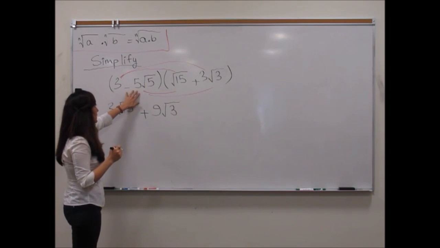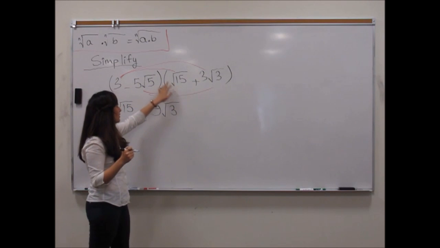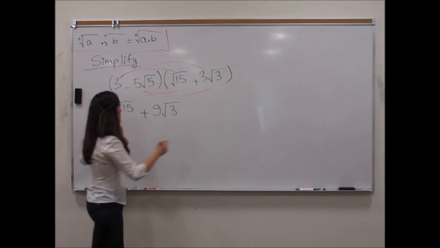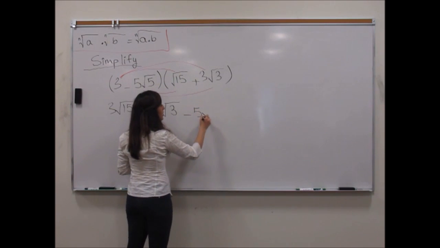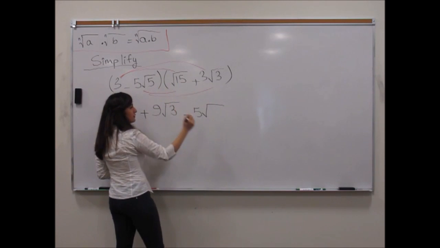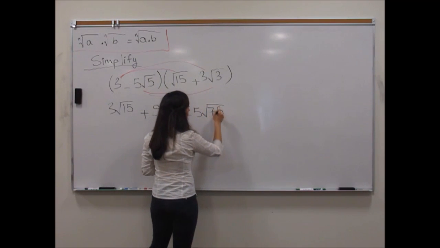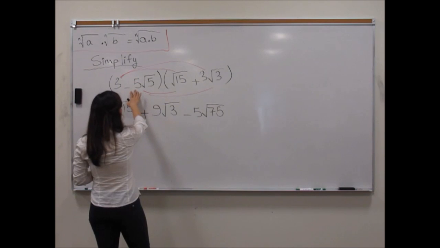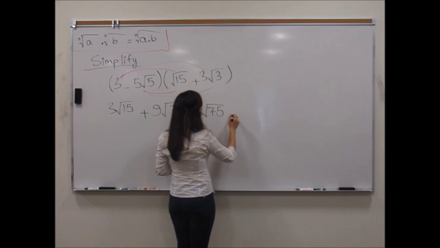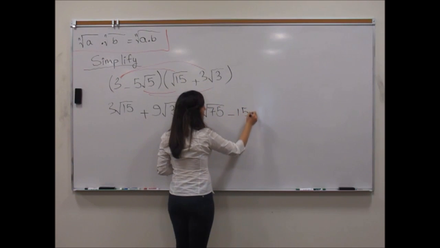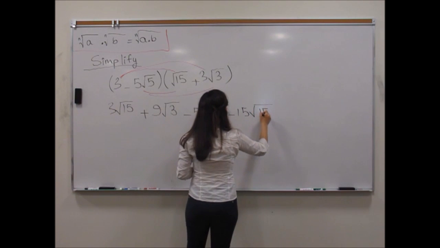And -5 times 1, the coefficient of this one is 1, so it gives me -5 times 5 times 15 gives me 75. -5 times 3 gives me -15. 5 times 3 gives me 15.